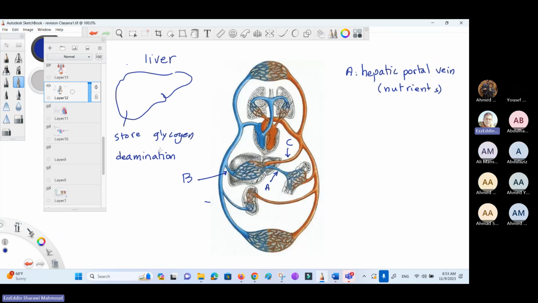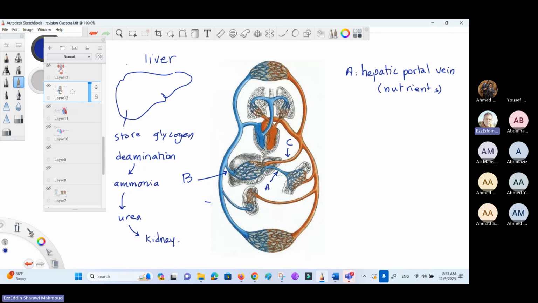The process of deamination will release a toxic material called ammonia. Ammonia moves into the blood and returns again to the liver. Ammonia will be changed in the liver into urea. Urea is released into the blood to go to the kidney. Kidney will remove urea from the blood in the process of excretion.